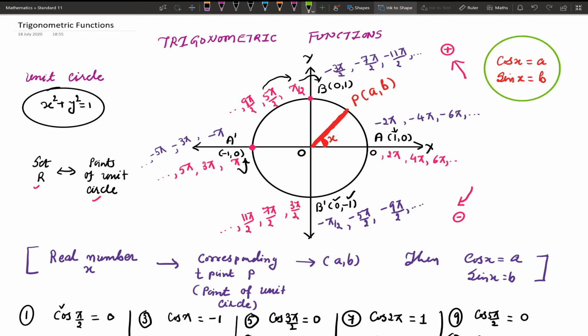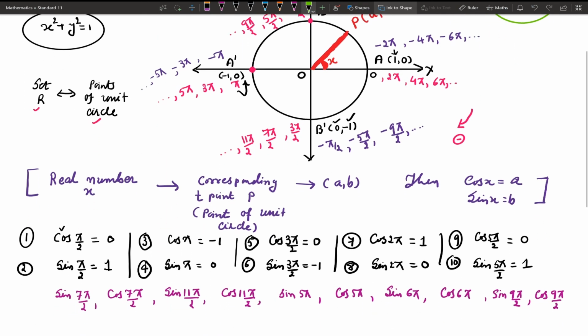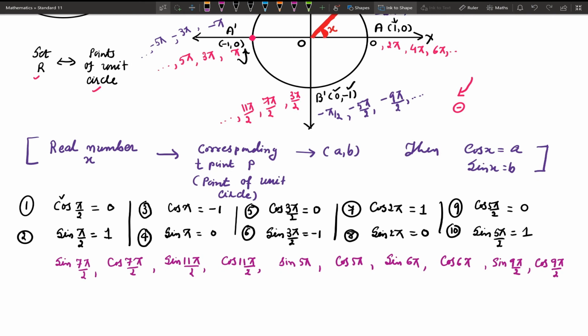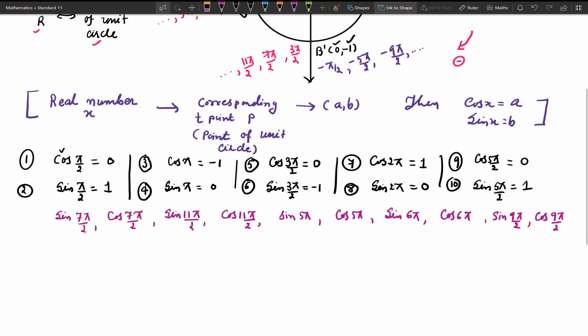Using this concept, now from the unit circle, as we have written values here, you will find sin 7 pi by 2.